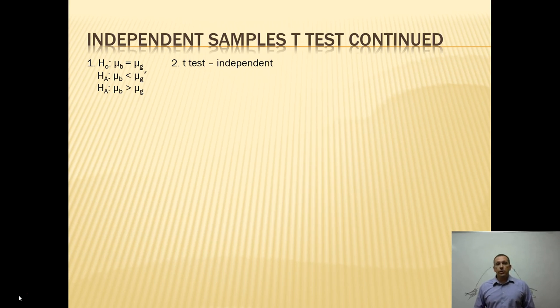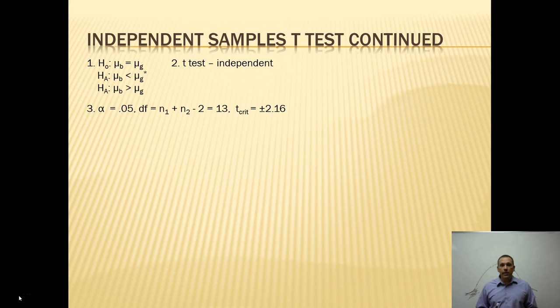Then we go on to step 2, which in this case we're looking at a t-test, specifically an independent samples t-test. So that is the analysis we're going to run. Let's go on to step 3. We want to figure out what our critical values are. In order to do this, we need to know what our alpha is. We know it's 0.05. We also, as we talked about with a single sample t, need to calculate our degrees of freedom.